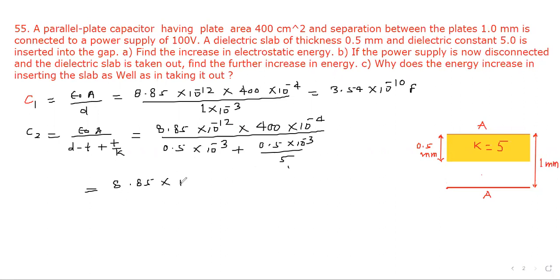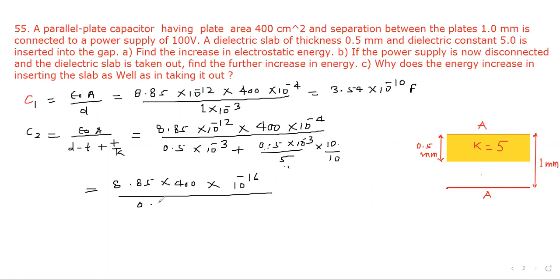8.85 into 400 into 10 to the power minus 16. Here, this will become what we do. We multiply by 10 upon 10, so this 0.5 will become 5. So this 5 will get cancelled and 10 power minus 4 will be left.